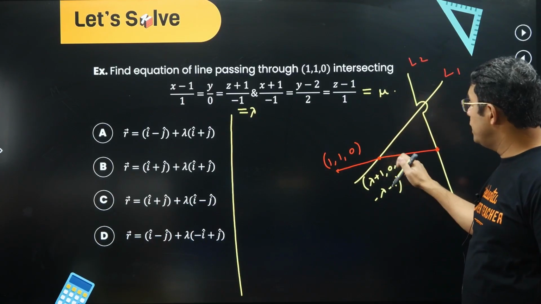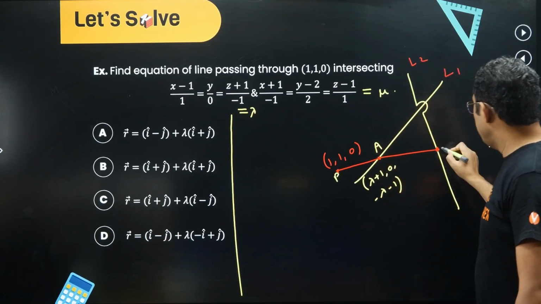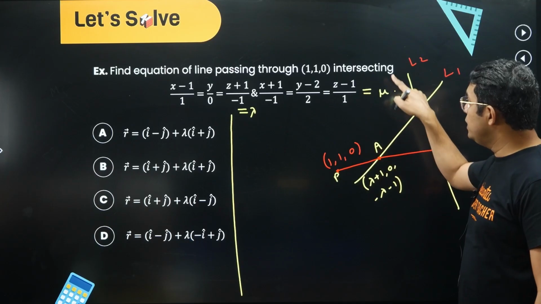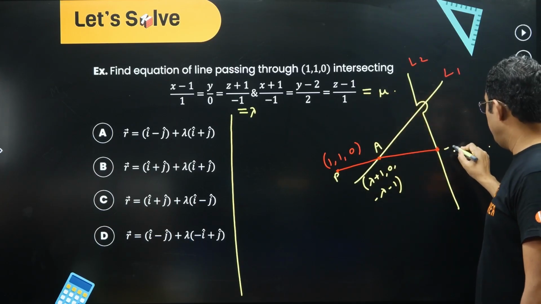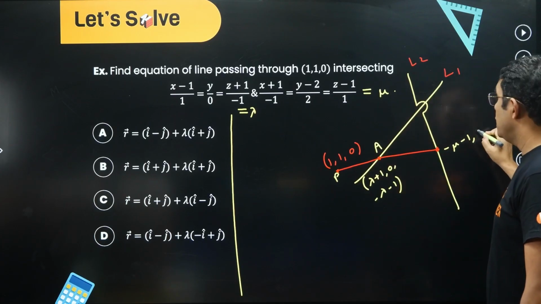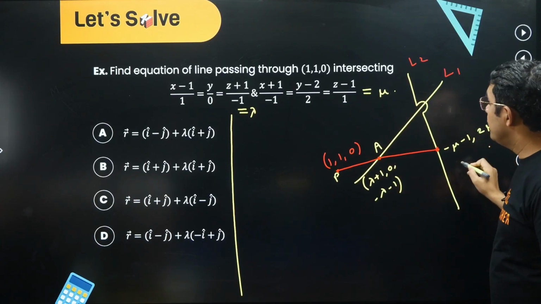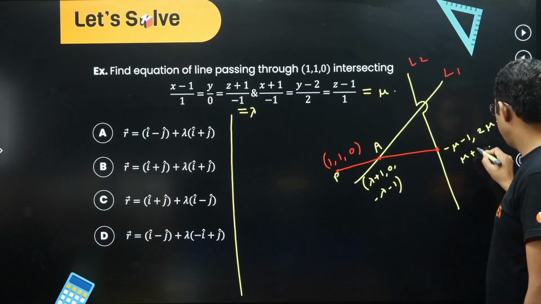So that will be the coordinates of this point. Let me call this point A, this point B, and then the point on line L2 in terms of mu will be minus mu minus 1, comma 2 mu plus 2, comma mu plus 1.